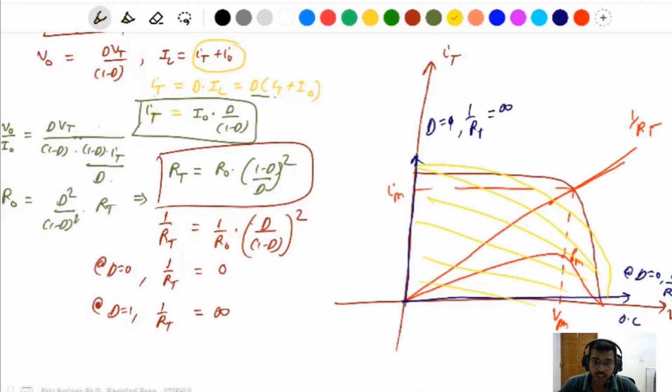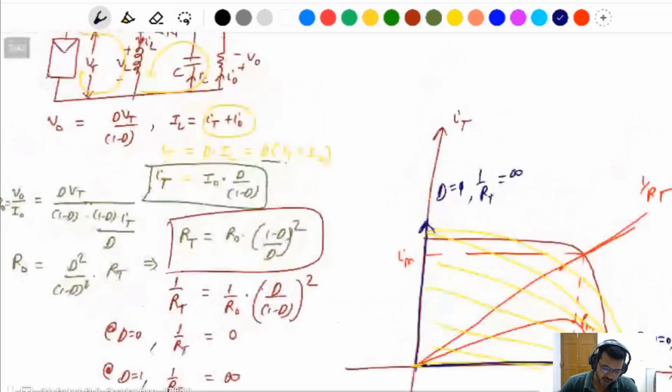under the buck boost converter from 0 to 1, and anywhere the power point is, you can get the maximum power from the PV panel by using a buck boost converter, because the load line varies from the open circuit voltage to the short circuit current. All of the region is covered by the buck boost converter.